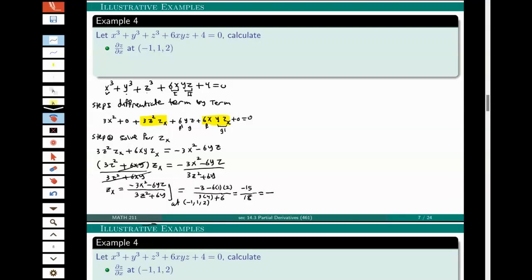So that will be, if we divide by 3, we get minus 5 over 6. That's one method.